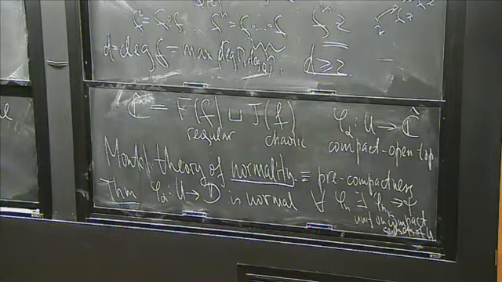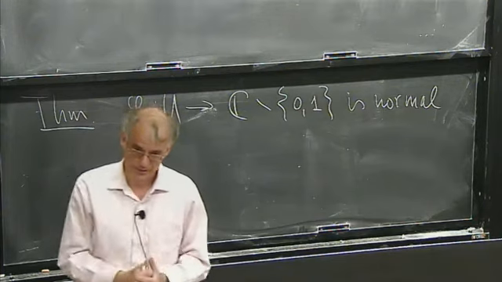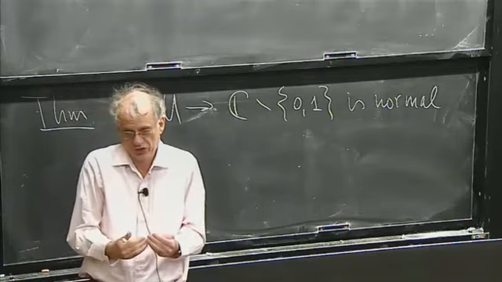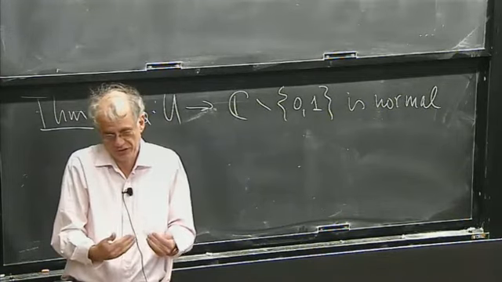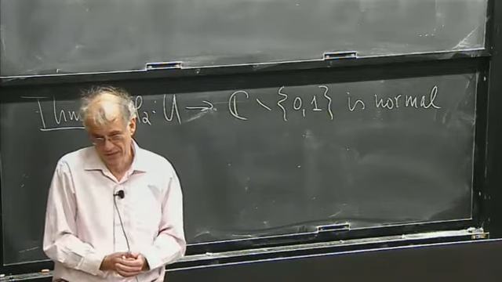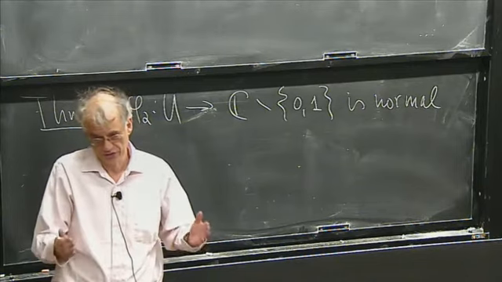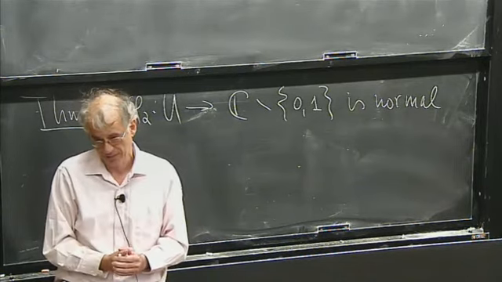If the distance between two points is less than epsilon, then the distance between the images is less than delta: uniform continuity, equicontinuity. And if you have a bound on the derivative, then you have a uniform Lipschitz constant, so you have uniform continuity. A bound on the derivative obviously implies precompactness.